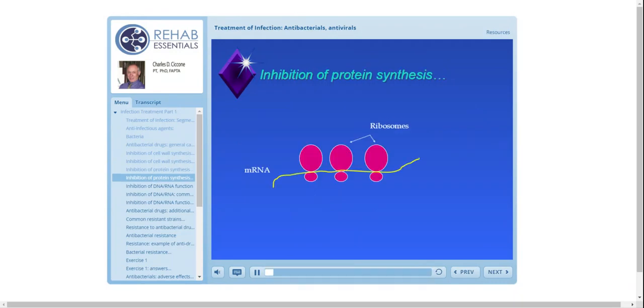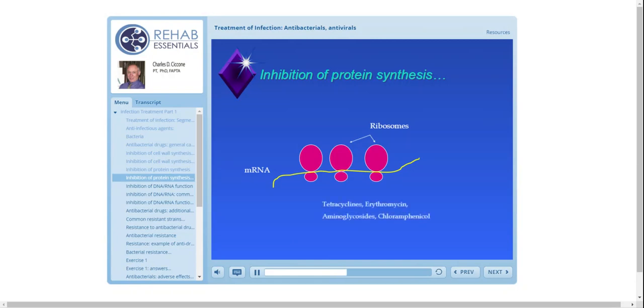So again, schematically, you see the ribosomes, the reddish structures in the middle of the diagram, and this chain of messenger RNA being read by the ribosomes. And of course, we have the codons on the messenger RNA that will signal the cell to bring a certain amino acid, and these amino acids will become linked together in a very specific sequence to make the necessary protein.